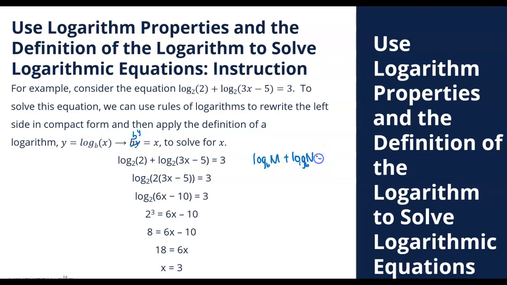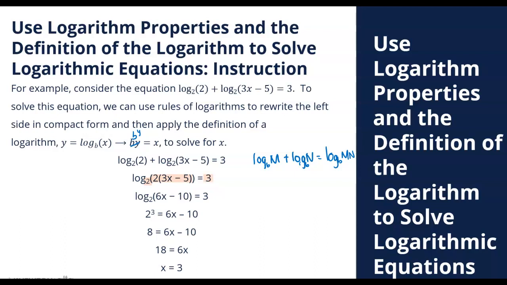This is equal to log of mn base b. So to write this in condensed form, this is just equal to log of the product of 2 and 3x minus 5, so 2 times 3x minus 5, base 2. So log of the product base 2 equal to 3.